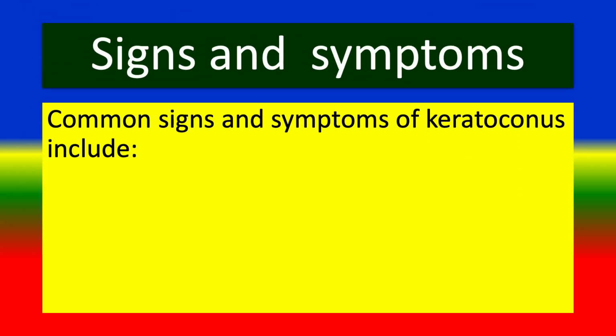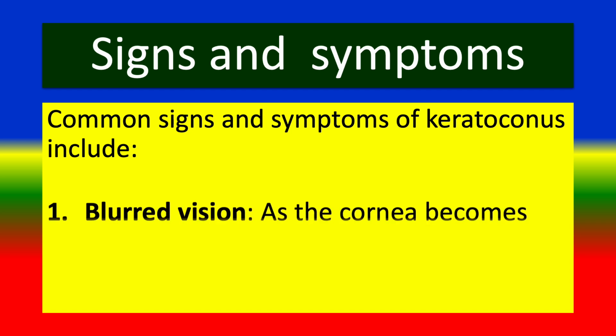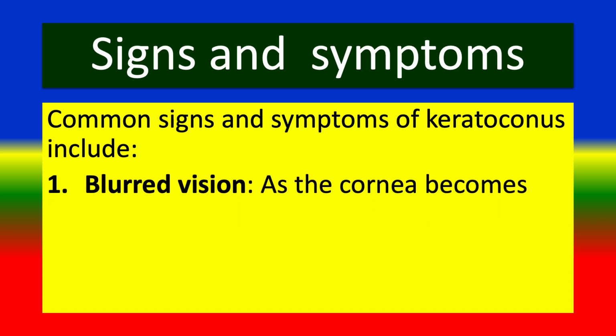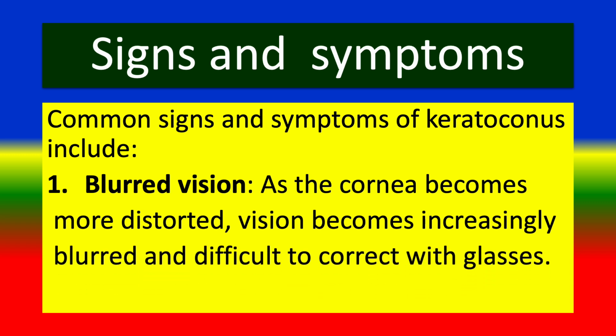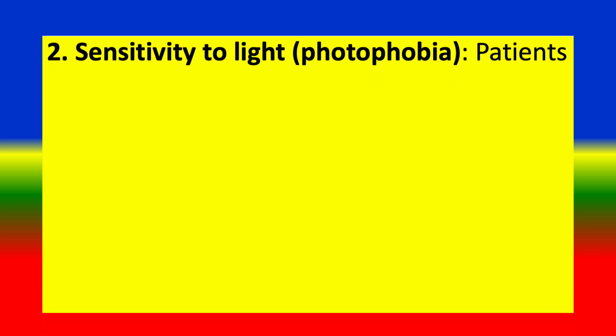Signs and symptoms. Common signs and symptoms of keratoconus include 1. Blurred vision. As the cornea becomes more distorted, vision becomes increasingly blurred and difficult to correct with glasses. 2.